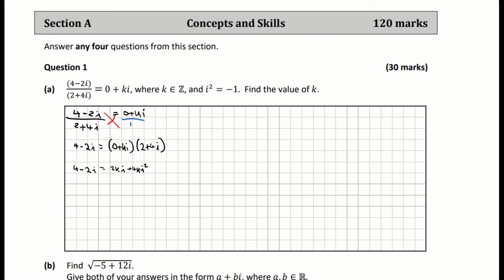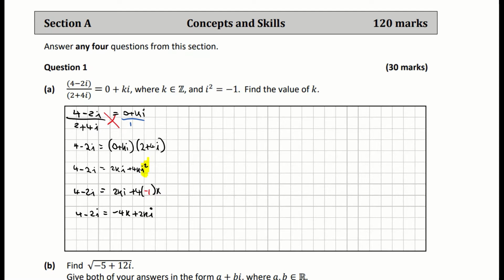Next thing I'm going to do is compare the reals with the reals and the imaginaries with the imaginaries. First of all, though, I'm going to isolate this i squared and turn that into -1. So that's giving me 4 minus 2i is equal to 2ki plus 4 times -1. To rewrite that, it's 4 minus 2i is equal to minus 4k plus 2ki.